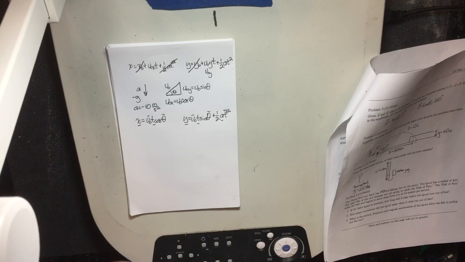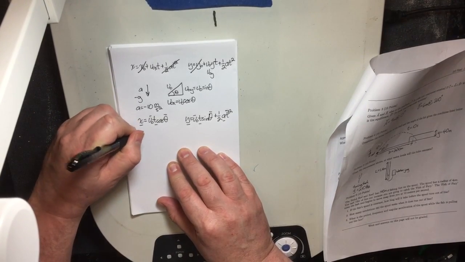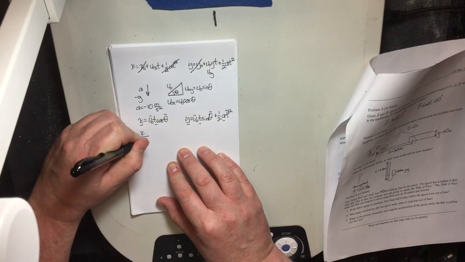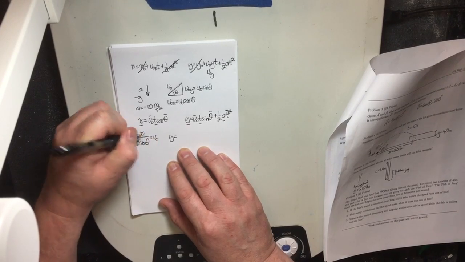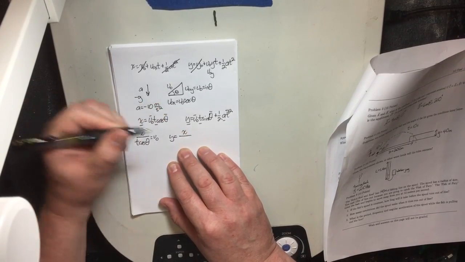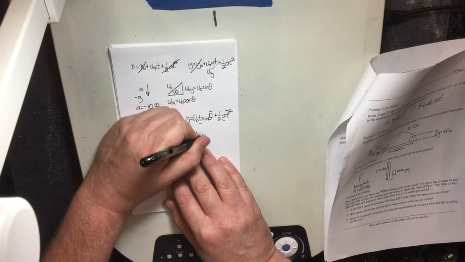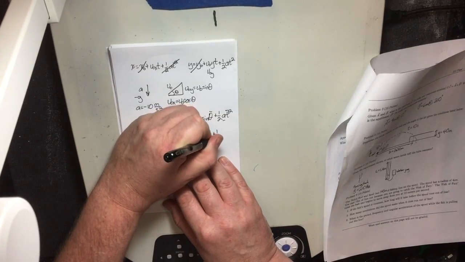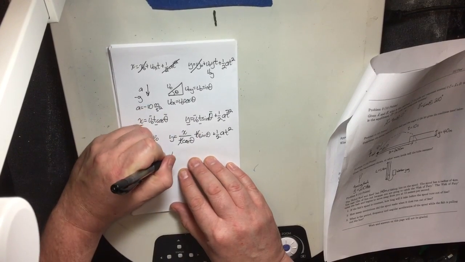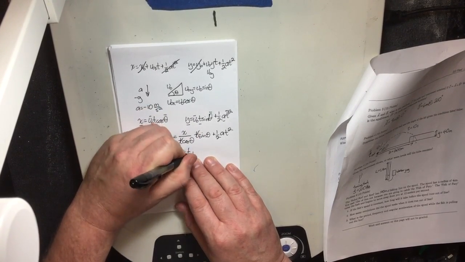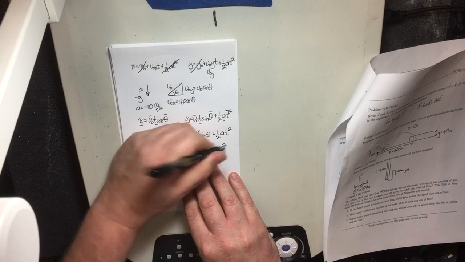Standard two equations, two unknowns. The best thing to do is solve for v naught. v naught equals x over t cosine theta. y equals x over t cosine theta times t sine theta plus 1/2 a t squared. The t's cancel, leaving y equals x tan theta plus 1/2 a t squared.